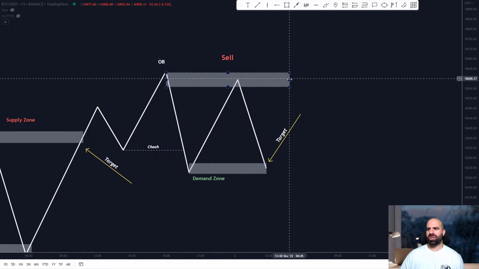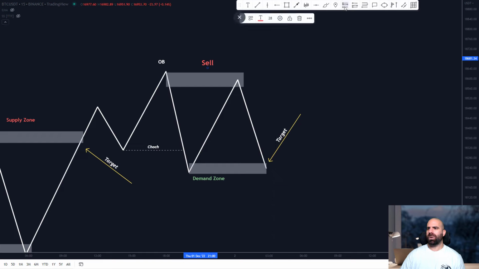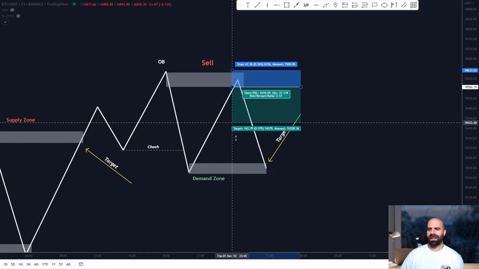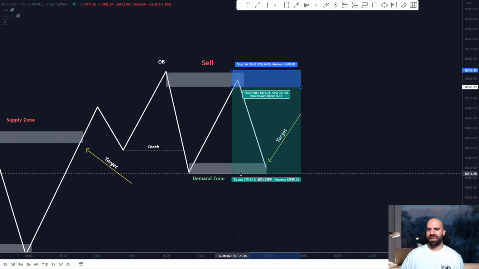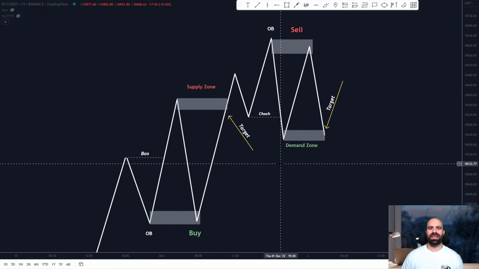Instantly when I see such change, I am identifying this area now in order to sell. So I am following price action, and I can target either this thing or the beginning of this bullish order block down here. So this is one of the ways that I'm trading.